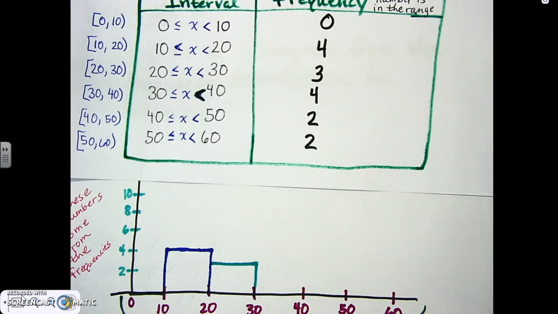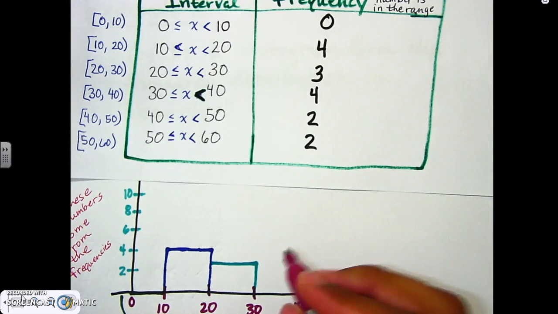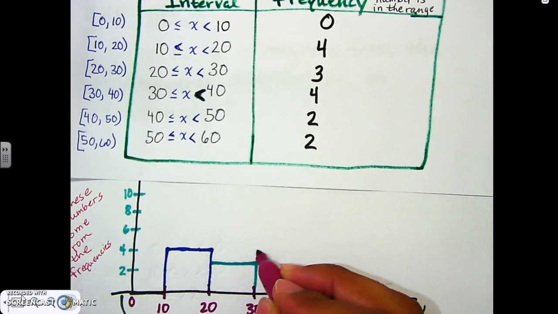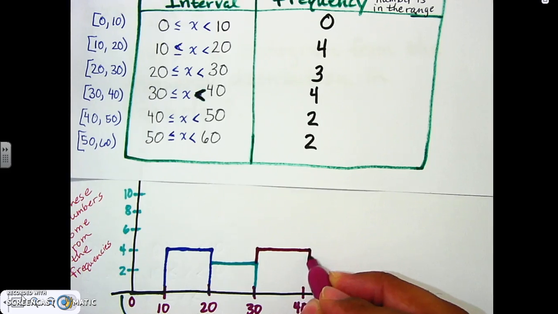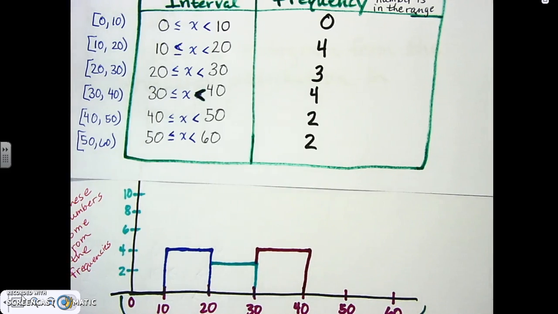That makes sense. All right, then we keep going on. Between 30 and 40, we said there's 4 again, so we bring it up here and it comes down. Between 40 and 50, we said that there were 2. So we come here and make it at 2.